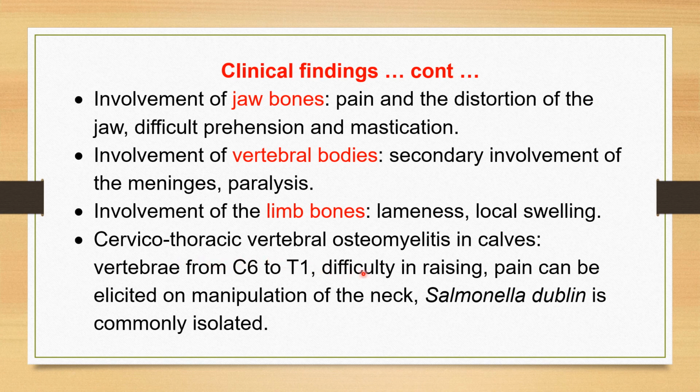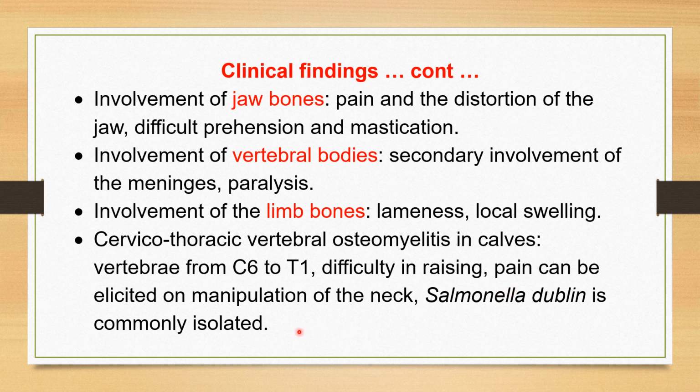In the field, cervicothoracic vertebrae osteomyelitis is observed in calves. In this condition, there is involvement of the vertebrae from cervical 6 to thoracic 1. The calves find difficulty in rising.